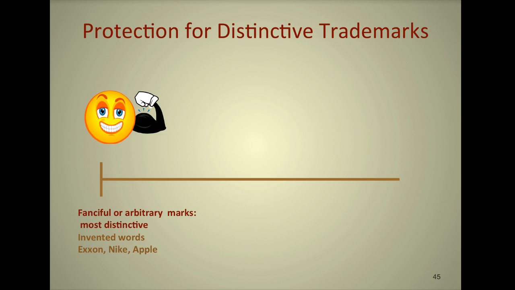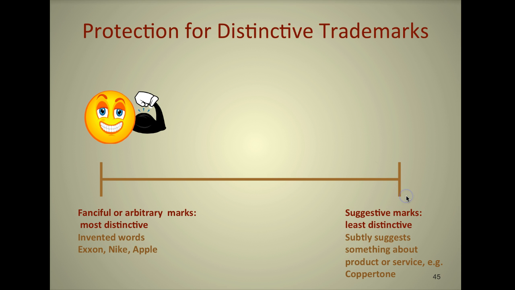And then Apple, although it's a real word, is arbitrary because you wouldn't think of Apple as being a computer. So those kinds of invented words and symbols to represent your product are the most distinctive, and the law provides the most protection for them. And so that's the reason for the circle with the muscle man arms there.